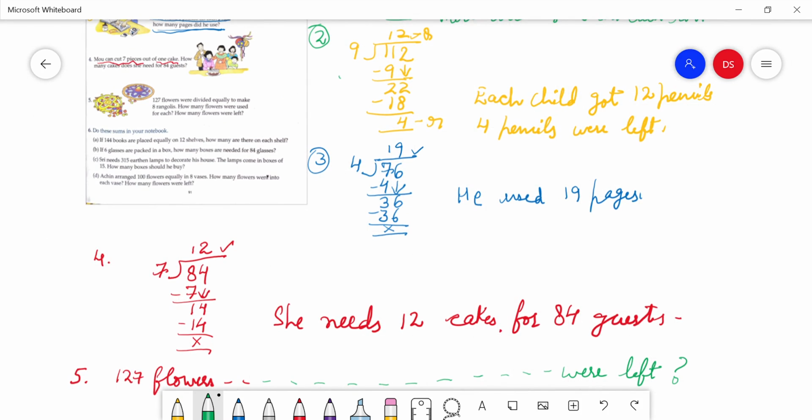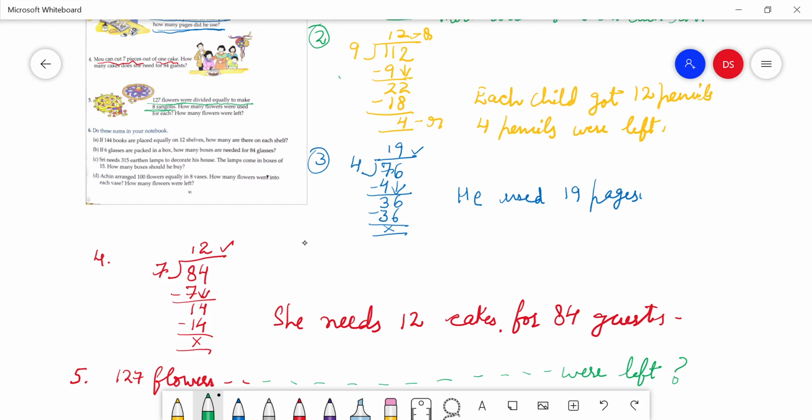The question is 127 flowers were divided equally to make 8 rangolis. There are 127 flowers and how many rangolis we have to make? 8 rangolis, and we have to distribute 127 flowers in 8 rangolis.